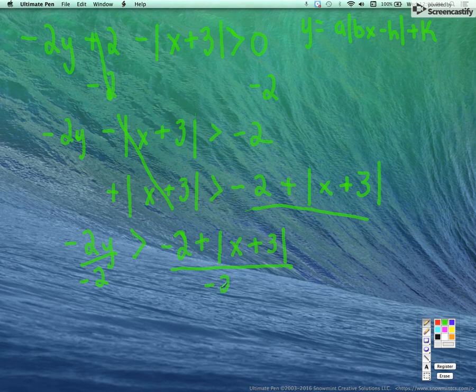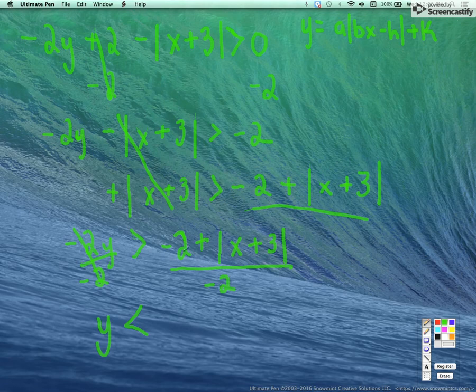All right, so I know what you're saying. Well, how can we do that? Well, I'll walk you through. We know this left side is going to cancel out. Negative 2 divided by negative 2 is just 1. So it leaves us with just y on the left. Now, we divided by a negative number, so we need to flip the inequality. So we flip it now to less than. And then finally, we need to divide negative 2 into both of our terms here.